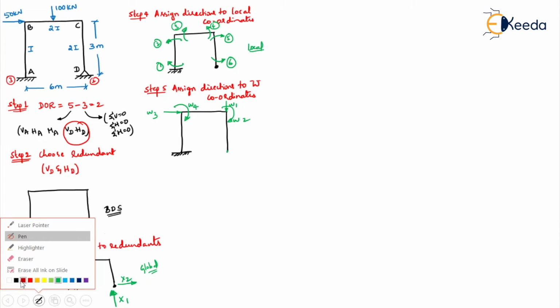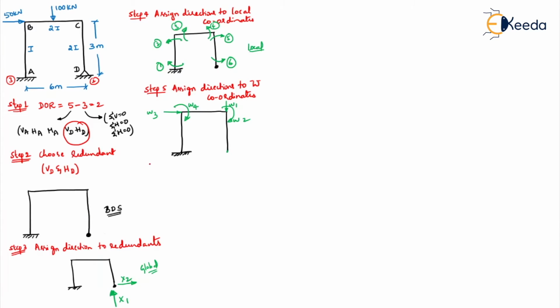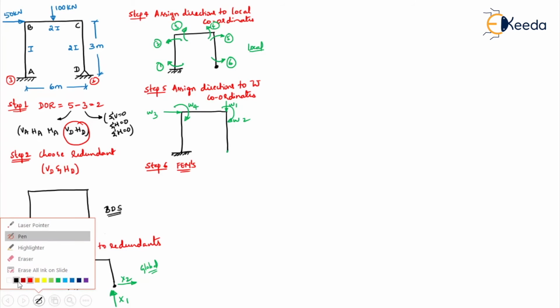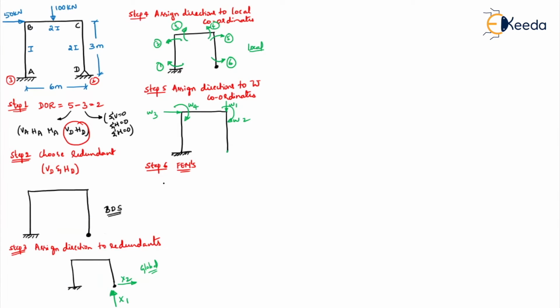Right, so once that is done, what is the next step you will do? Calculate the fixed end moments along with the reactions. Why? Because if you see in global coordinate, there are horizontal and vertical coordinates. That's why we need to do it. Right. So let's start one by one. Now first for the span AB, what will happen for the span AB? No load.